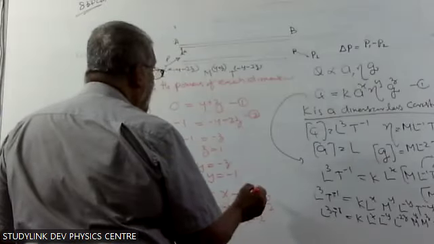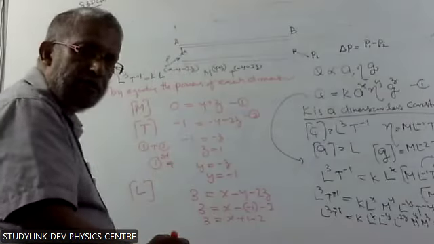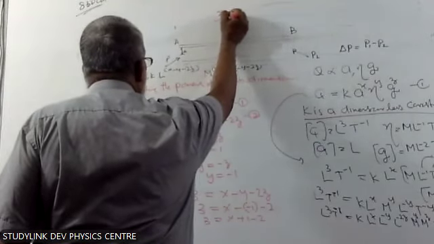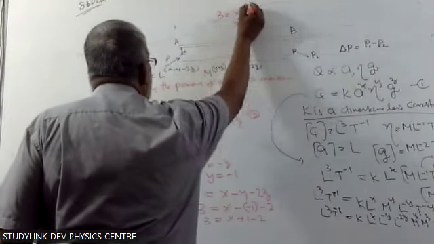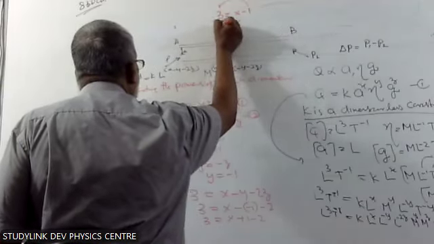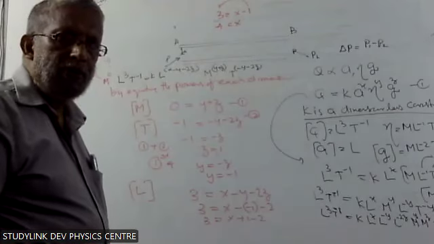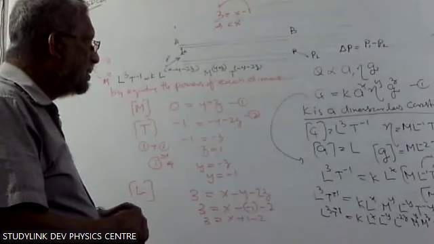Then 3 is equal to X minus 1. So X is equal to 4. When X is equal to 4, right up to this, then after that I'll write the other things.